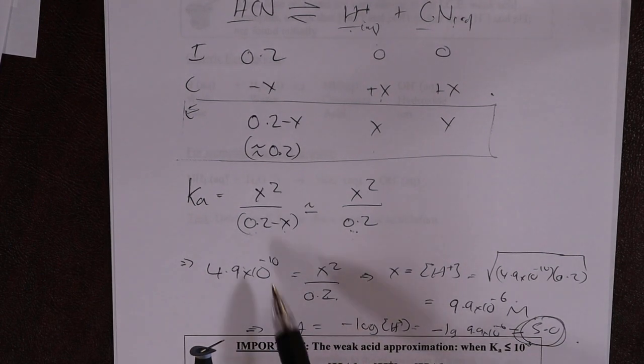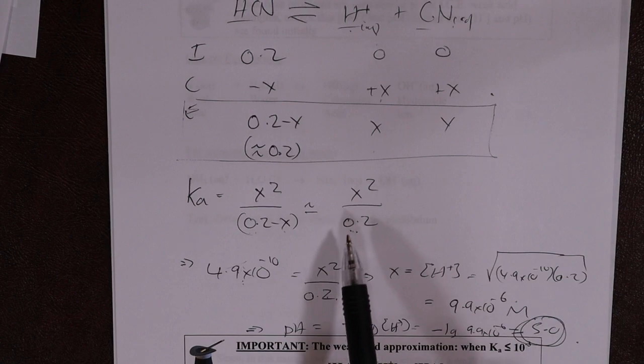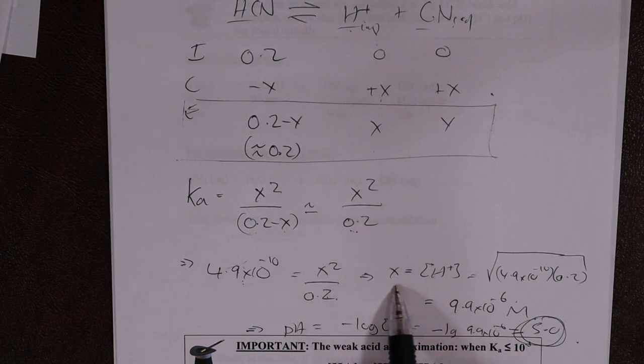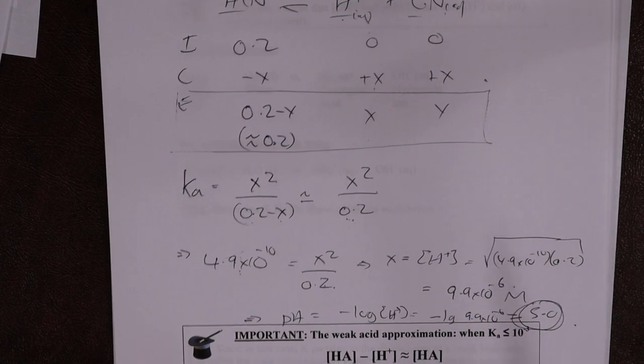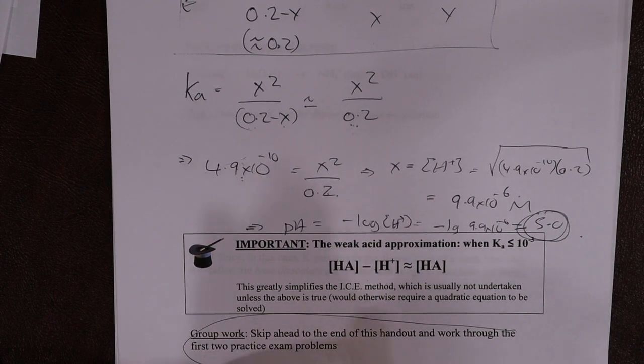Okay, so I just ran the algebra. Ka x squared, just rearranged to find x, which is H plus, minus log of H plus. Okay, and there's a formalization of the weak acid approximation. Okay, now it says group work.